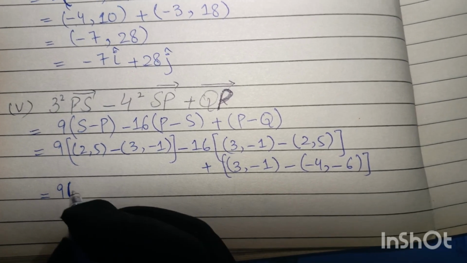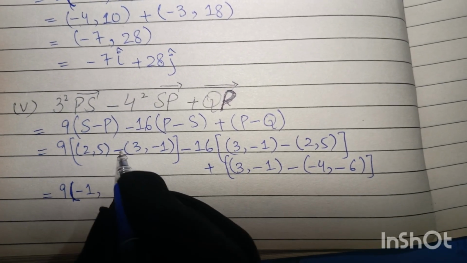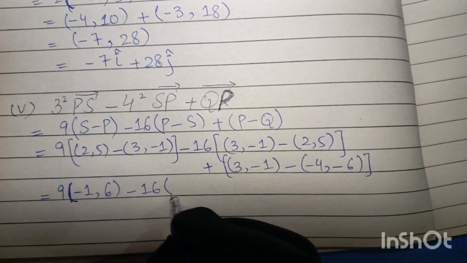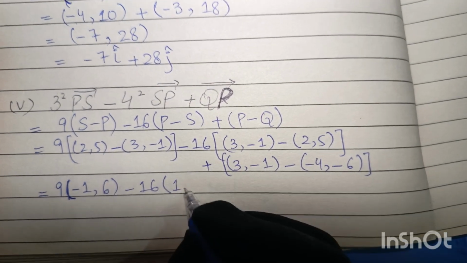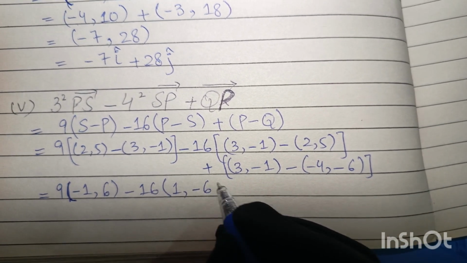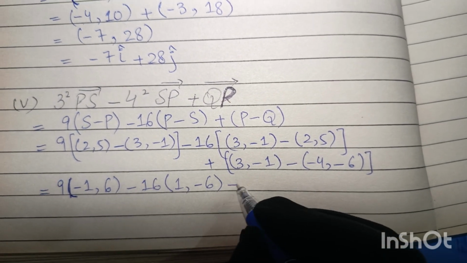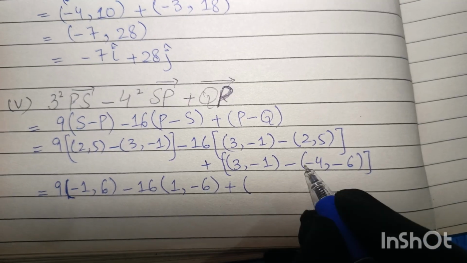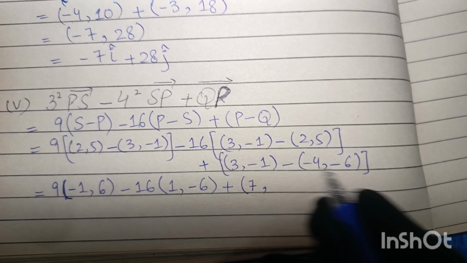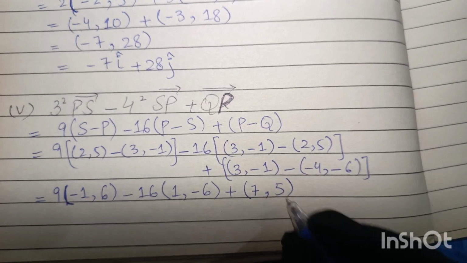So 2 minus 3 is -1, 5 minus (-1) is 6. Minus 16 as it is. 3 minus 2 is 1, and -1 minus 5 is -6. And next is 3 minus (-4), which is 7, and -1 plus 6, which is 5.